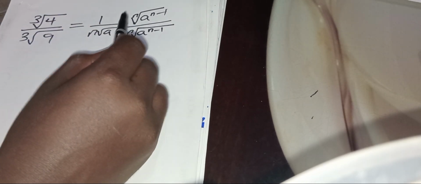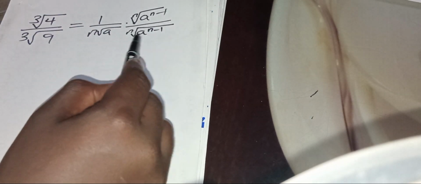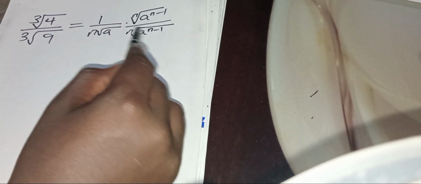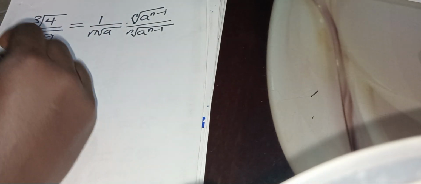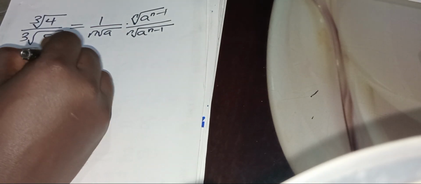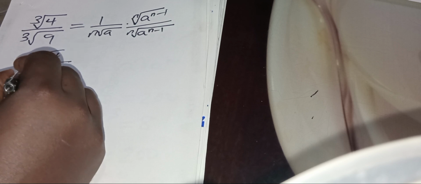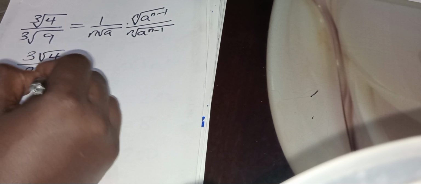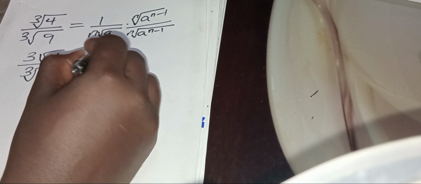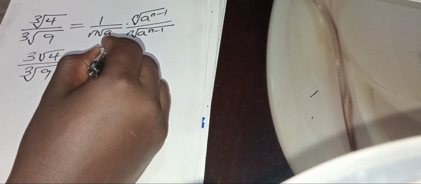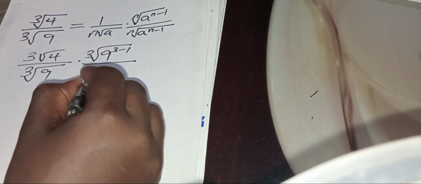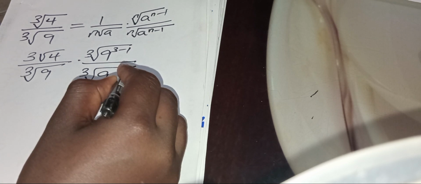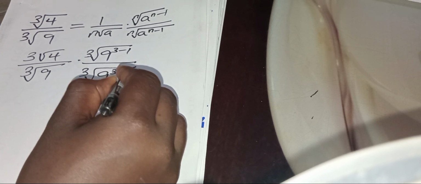This is in the form of 1 divided by the nth root of a, multiplied by the nth root of a to the power n minus 1, divided by the nth root of a to the power n minus 1. Applying this property, we'll have the cube root of 4 divided by the cube root of 9, multiplied by the cube root of 9 raised to the power 3 minus 1, divided by the cube root of 9 to the power 3 minus 1, where n is 3, subtract 1.